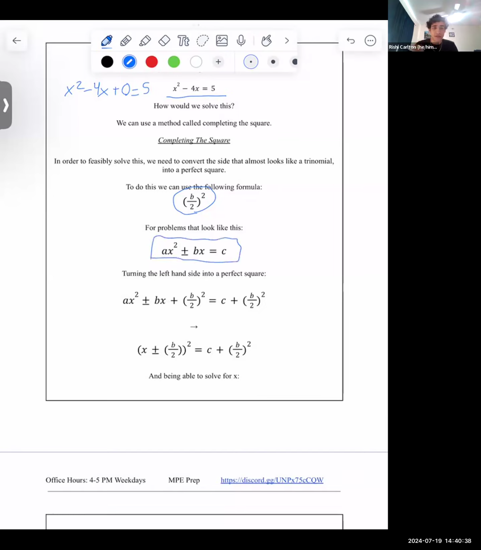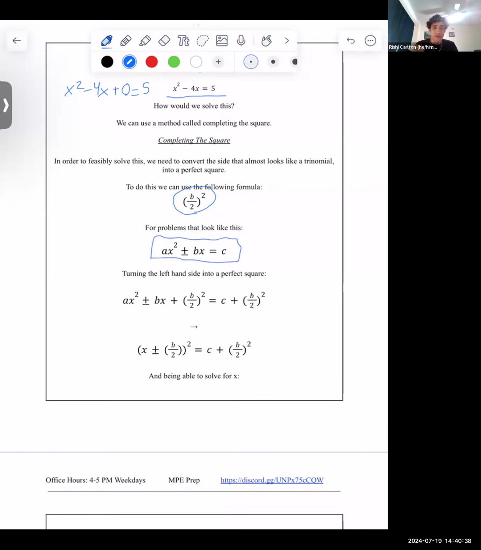So we have a equals 1, b equals -4, and in this case, I believe c is 5. So that's the trick. It's just a way to solve a polynomial in a way that's a little bit more familiar to us, or it'll become more familiar to us.